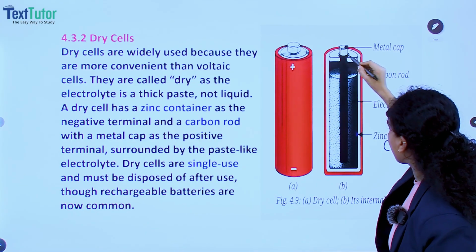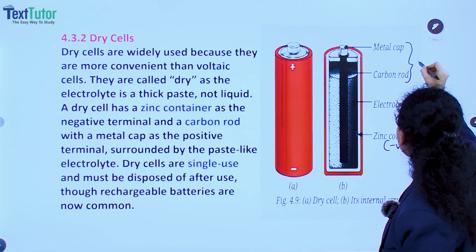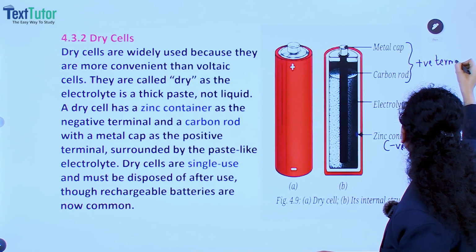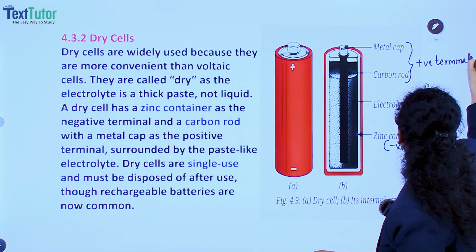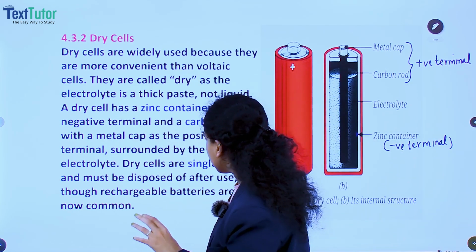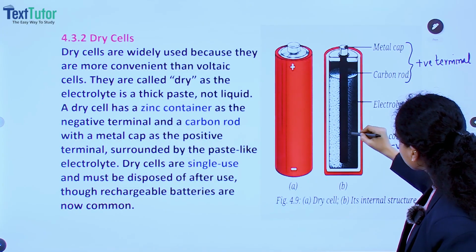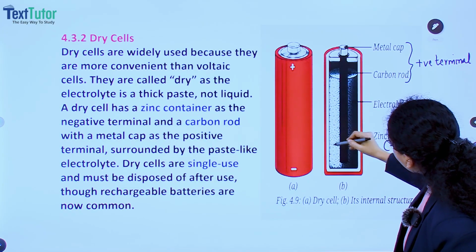The carbon rod with the metallic cap together is the positive terminal. Okay. Surrounded by the paste-like electrolyte, and here you can see small dots.